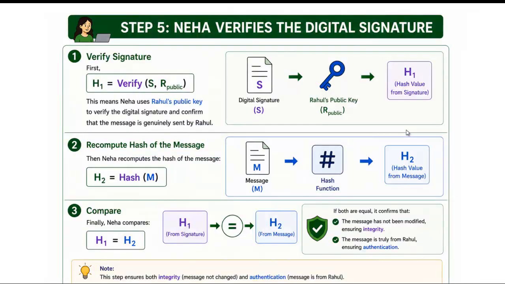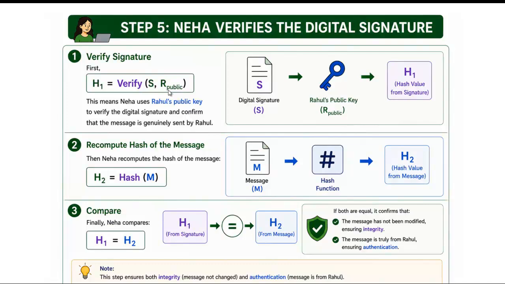First, Neha uses Rahul's public key to verify the signature like this. Signature plus Rahul's public key. This means Neha uses Rahul's public key to recover or verify the hash value from the digital signature, right? This is possible because the digital signature was created using Rahul's private key.